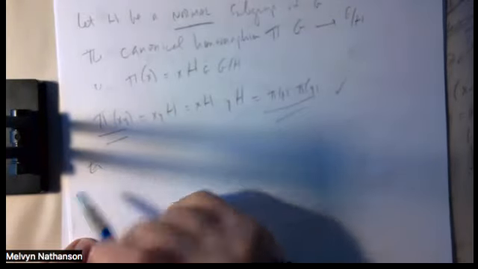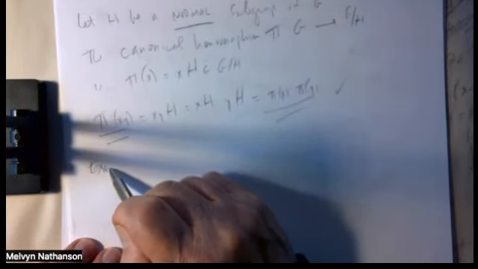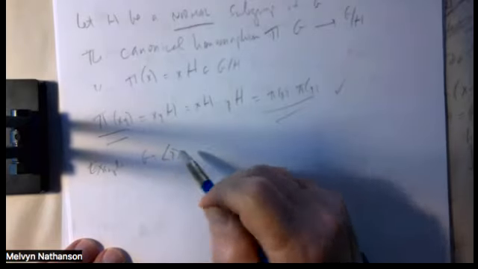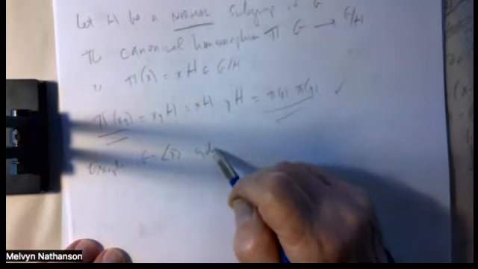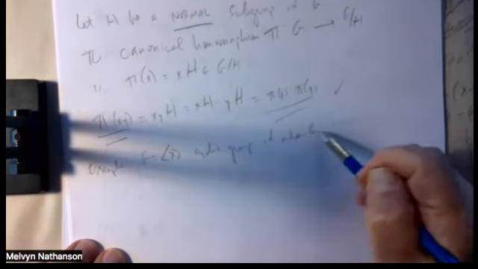So for example, if G is the cyclic group of order 6, H is the subgroup generated by x cubed, which just contains the two elements e and x cubed.